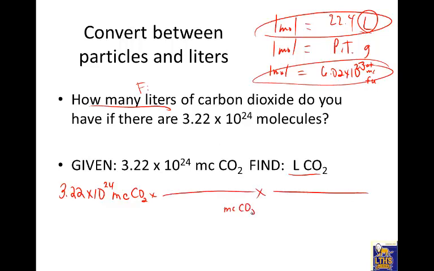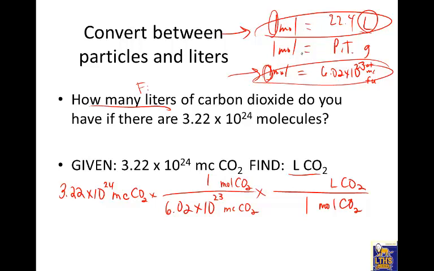Molecules of carbon dioxide can change into moles of carbon dioxide using this conversion factor. And then moles of carbon dioxide can change into liters of carbon dioxide using this conversion factor. Moles are number 1. How many molecules in a mole? Avogadro's number of molecules in a mole, 6.02 times 10 to the 23rd. Because the number 1 goes with the unit of moles.